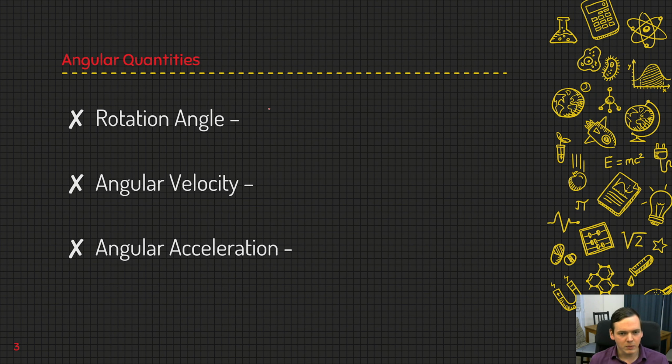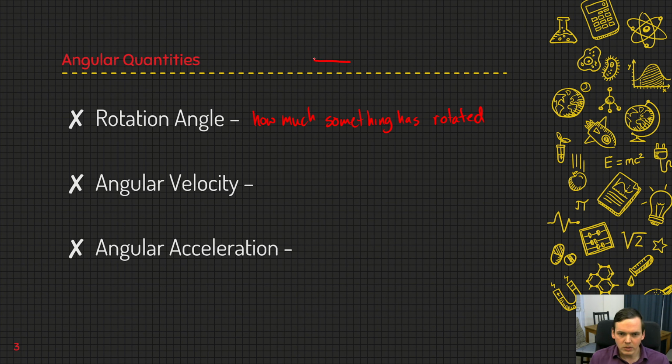So first, we want to talk about the rotation angle, and this is just how much something has spun. So you can think about it as basically position, except with angle instead.